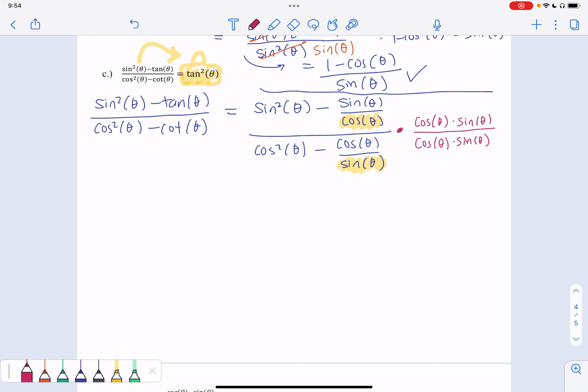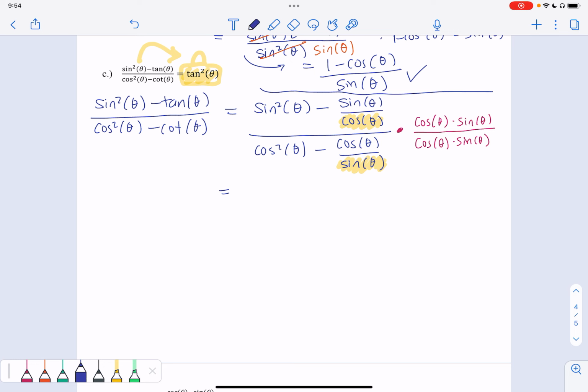Okay, so what's going to happen is this cosine theta sine theta is going to come in and multiply by the two terms in the numerator, and cosine theta over sine theta, this one is going to come down and multiply by the two terms in the denominator. So why are we doing that? Well, it's going to get worse before it gets better, but that is math for you. The first thing that happens is I have my cosine theta sine theta times this sine squared theta.